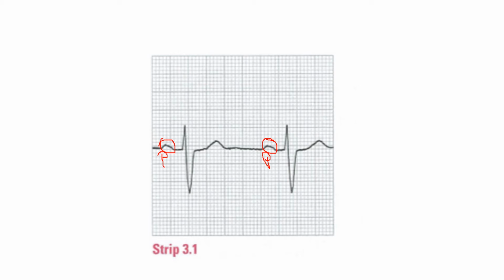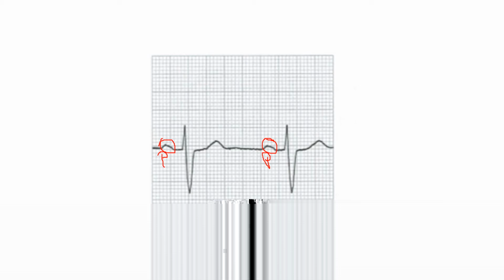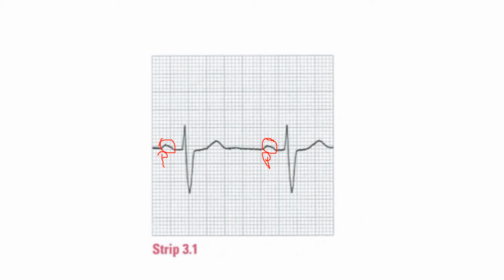So in this complex, there are no Q waves. Remember, your Q wave is the first negative deflection. So there is no negative deflection, so therefore, there are no Qs. You just have an R and you have an S wave. Your S wave is a negative deflection as well after the R. Then let's look at our T waves.